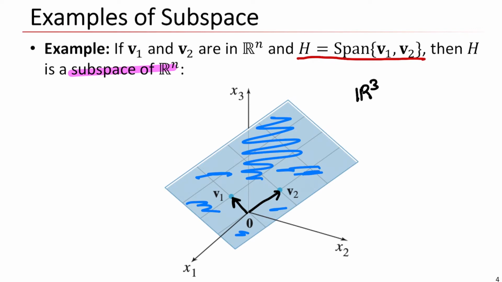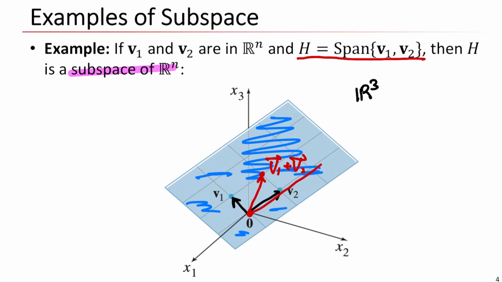It means that the zero vector is contained in this plane, and the summation of the vectors v1 and v2 is also in this plane, right?